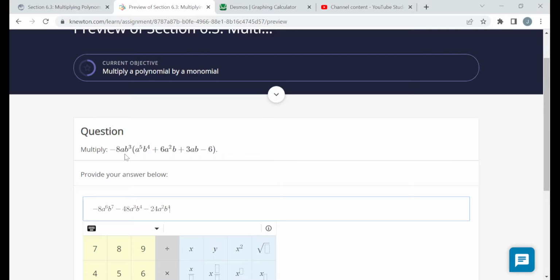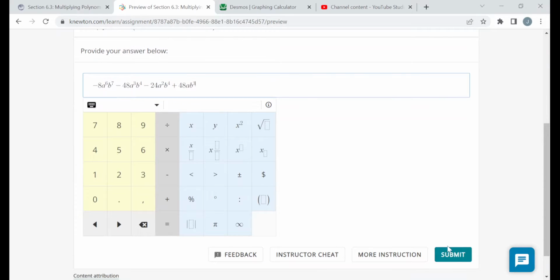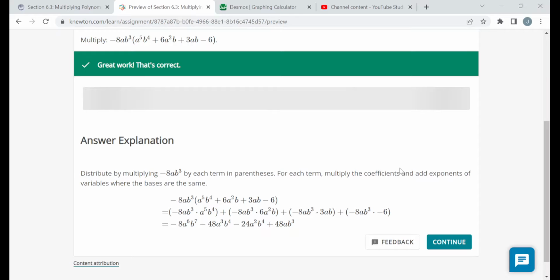And then finally, negative 8ab cubed times negative 6 would be positive 48ab cubed. All right, again, you should know how to multiply your monomials from section 6.2. Great.